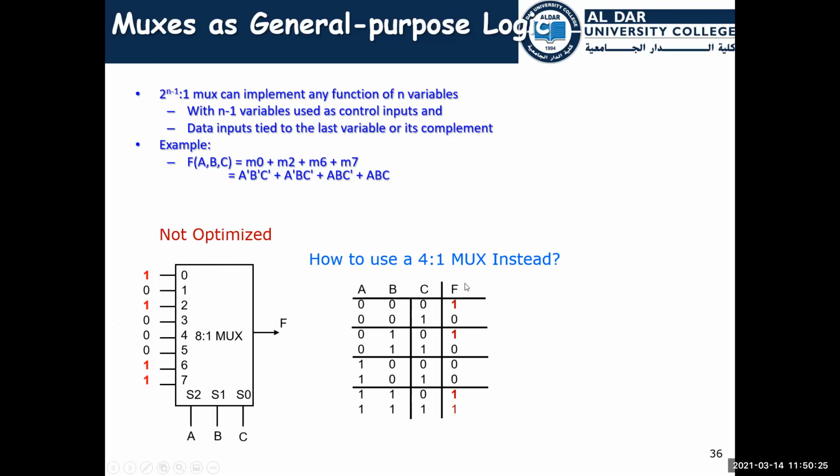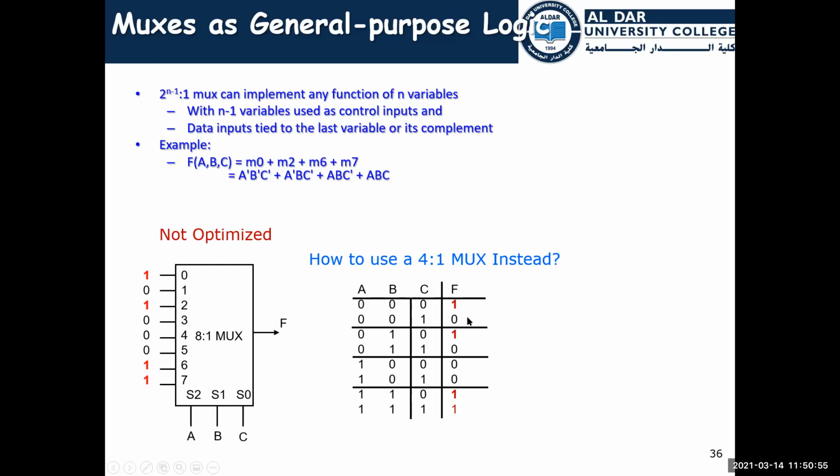If we have A, B, and C, this is A, B, and C here, and the function, we can use A and B. We have only 4x1. This has two selection lines, which are A, B. And the other one is C. We'll not take C exactly. We will take the complement. We will look at the function.